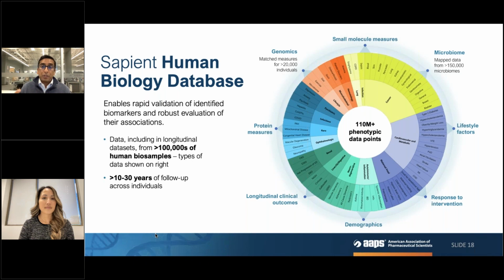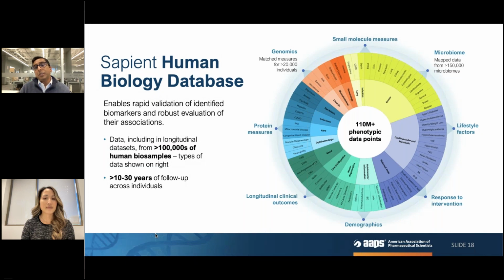Now, this information, including all these small molecule measures that have been assayed in each of these biological specimens, has been introduced into a very complex relational database that includes over 100 million now phenotypic data points across a multitude of disease states, from cancer to cardiometabolic disease, maternal fetal health, autoimmune disease, neurodegenerative disease, liver, GI, and digestive illnesses, renal diseases, ophthalmic diseases, and even in rare diseases.